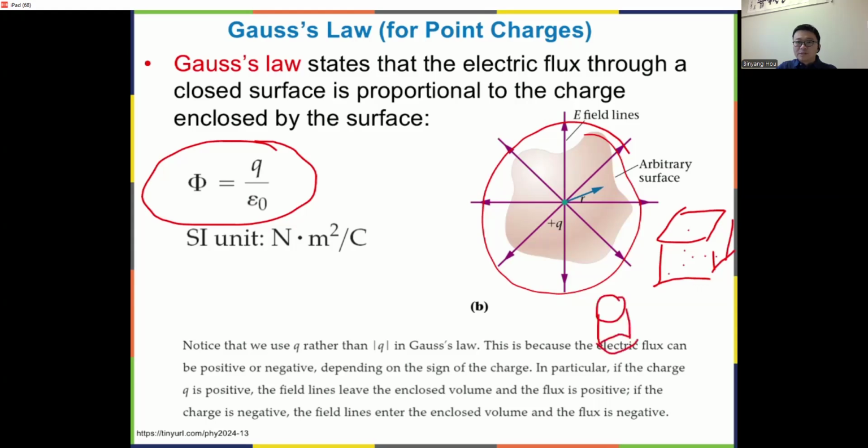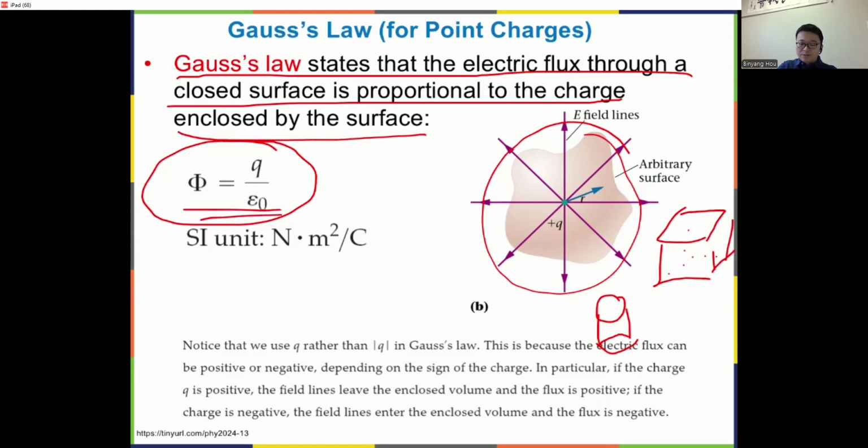The surface is arbitrary, it doesn't have to be a specific shape, but this law is called Gauss's law. It says that the electric flux through a closed surface is proportional to the charge enclosed by the surface. As long as it's enclosing a certain charge, the flux will be equal to that. So this is Gauss's law.